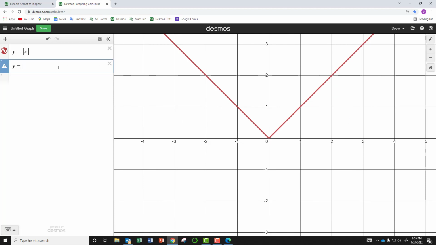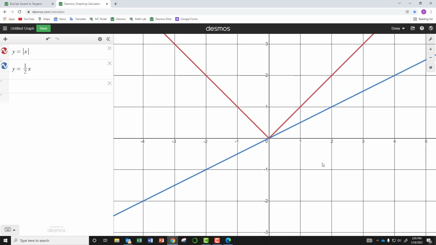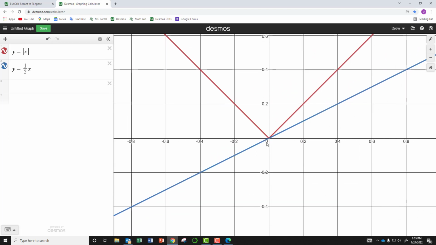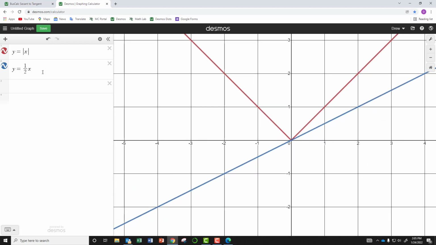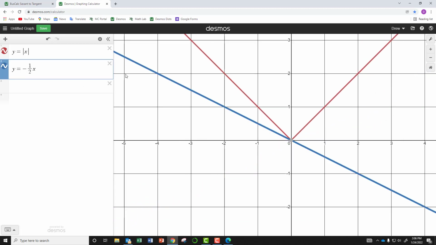Well, what if I just say y is equal to 0, right? So that blue line, it appears to be tangent to the curve, but I could also put y equals 1/2 x, and that also only intersects the curve at one point. And if I make that negative 1/2 x, right?